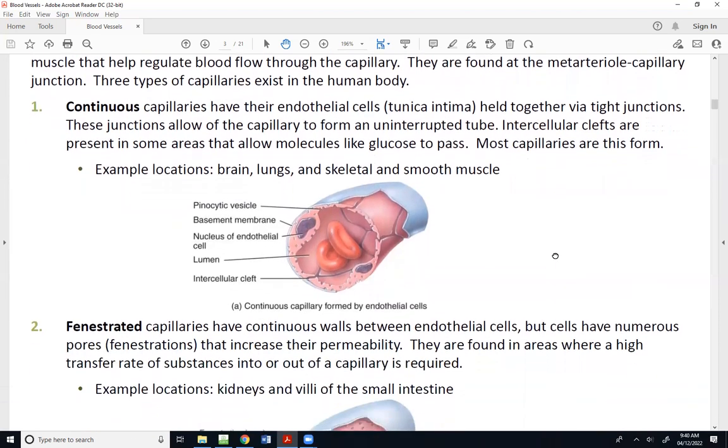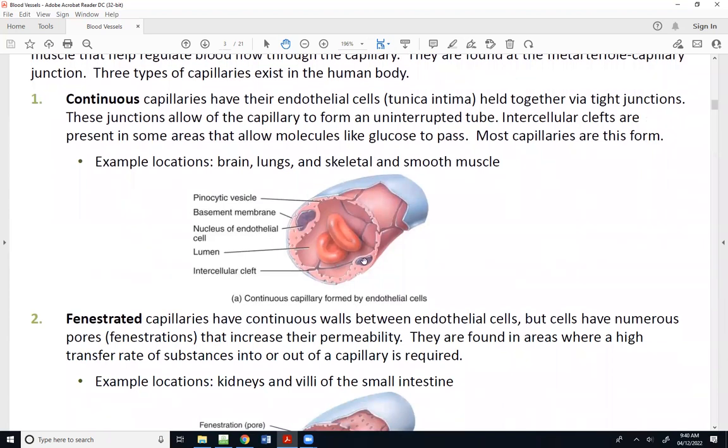And three types of capillaries exist in the human body. The first we have listed here is the most prominent type, and I would highlight this sentence here. Most capillaries are this form. We call them continuous because their endothelial cells of the tunica intima are held together via tight junctions, which then allows the capillary to form an uninterrupted tube.